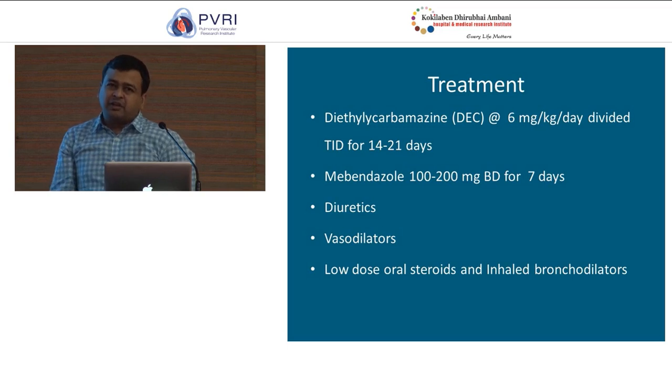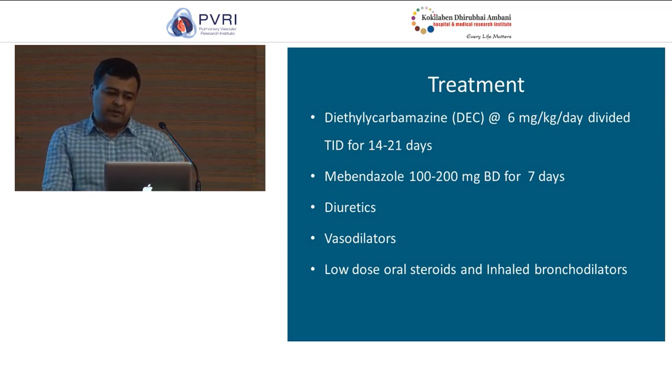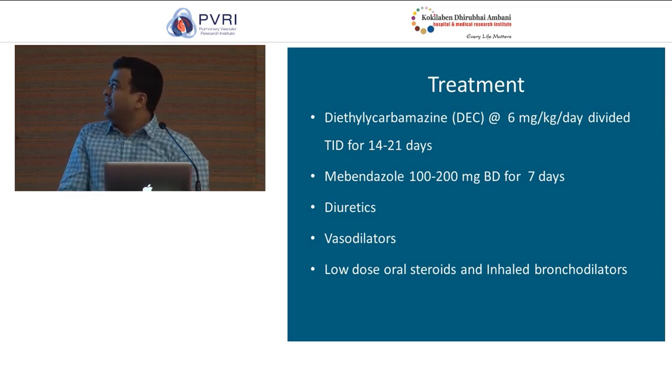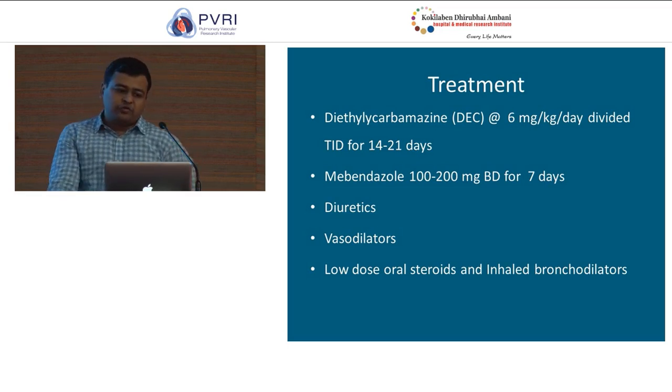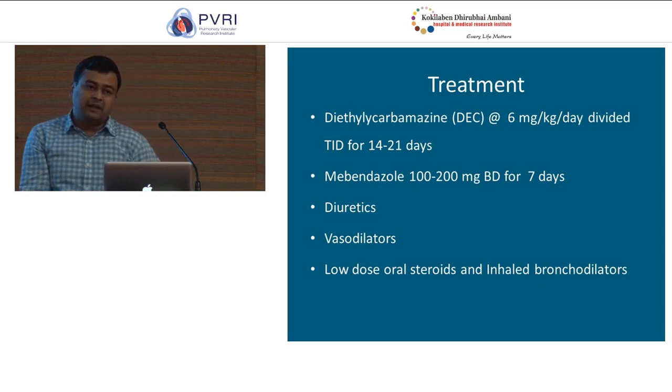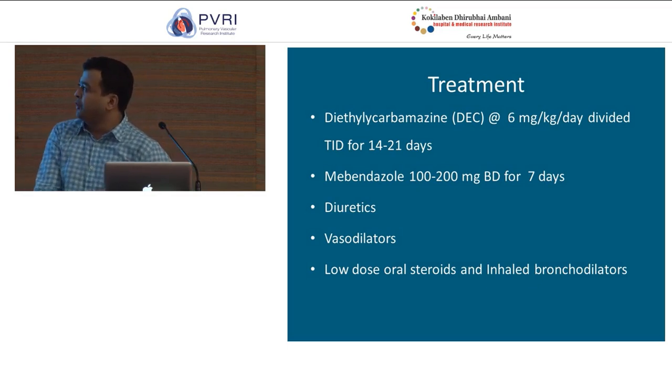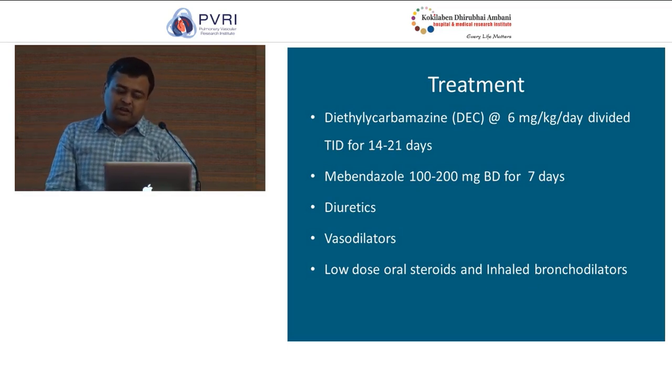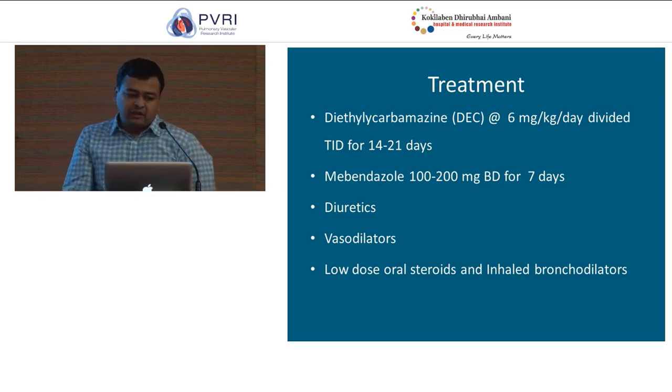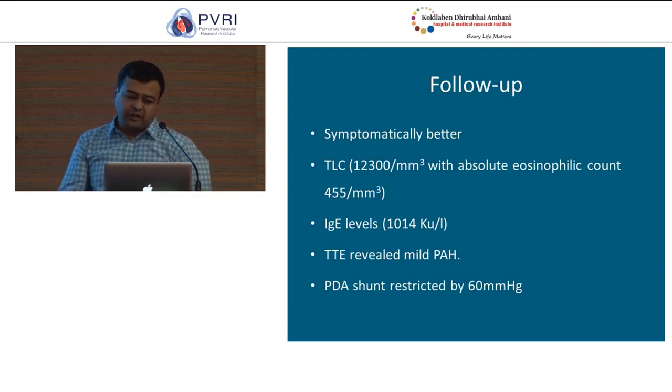After consultation with a pulmonologist and infection specialist, we started him on diethylcarbamazine at a dose of 6 milligram per kg per day, and it was decided to continue the treatment for 14 days. Mebendazole was also started. It is off-label, but it was started. Diuretics, vasodilators, and low-dose oral steroids were continued. The patient followed up after 14 days.